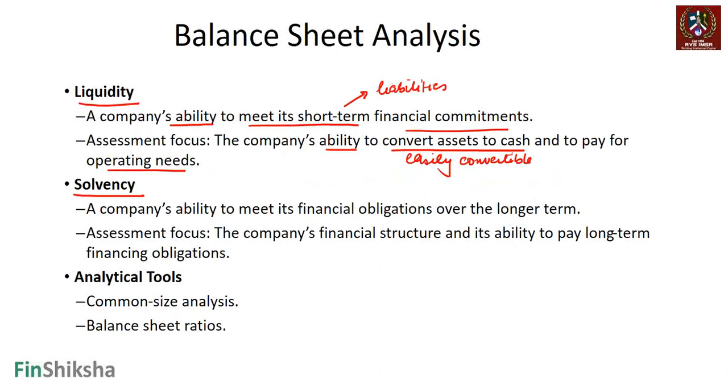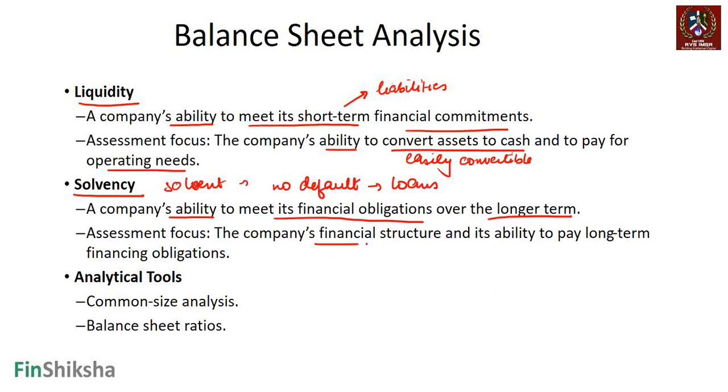The second part of the analysis is the company's ability to meet its financial obligations over the longer term, right? Not the short term, but the long term. That's called as solvency, which is essentially how long can the company remain solvent. When we say solvent, it means it does not default. There is no default on the long-term obligations, typically on the loans, right?